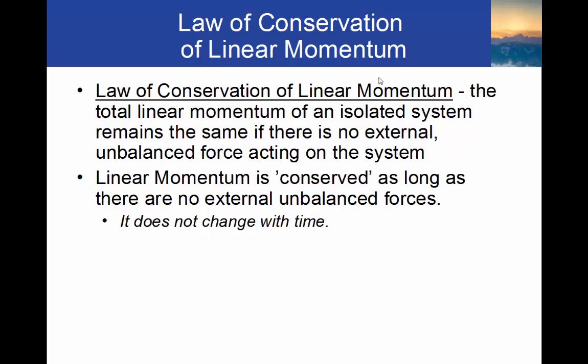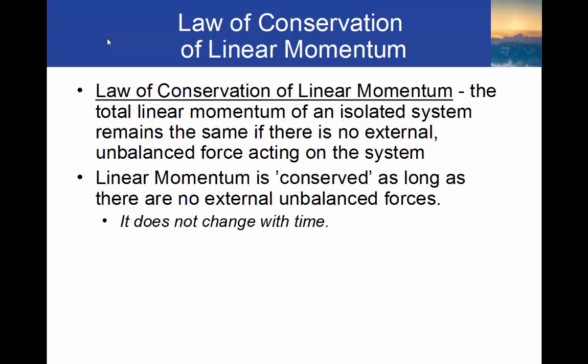To answer this question, we use what's called the law of the conservation of linear momentum. It's our first conservation law so far in physics. It states that the total linear momentum of an isolated system is going to remain constant, provided that there are no external unbalanced forces.